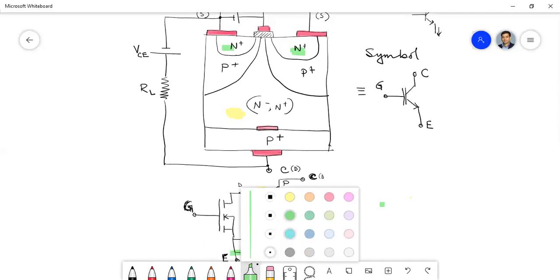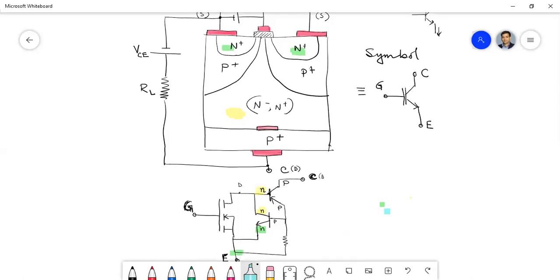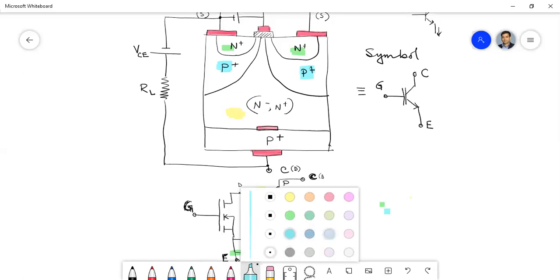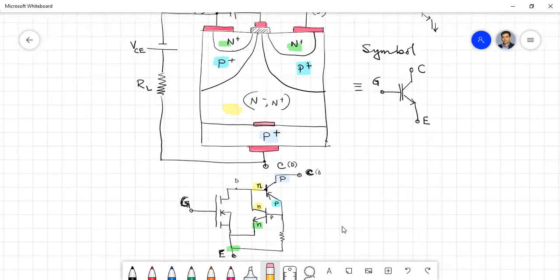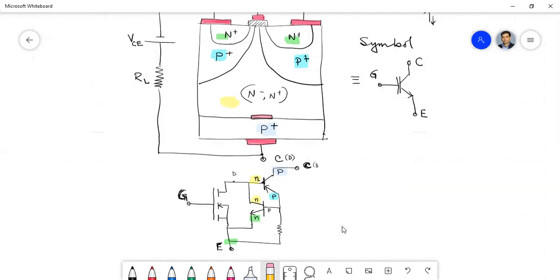And if you want to mark this P, so this is the P, and which is that P here? So this is the P. Another P we have, this one. Can you now visualize this? So a different N substrate and a different P substrate.